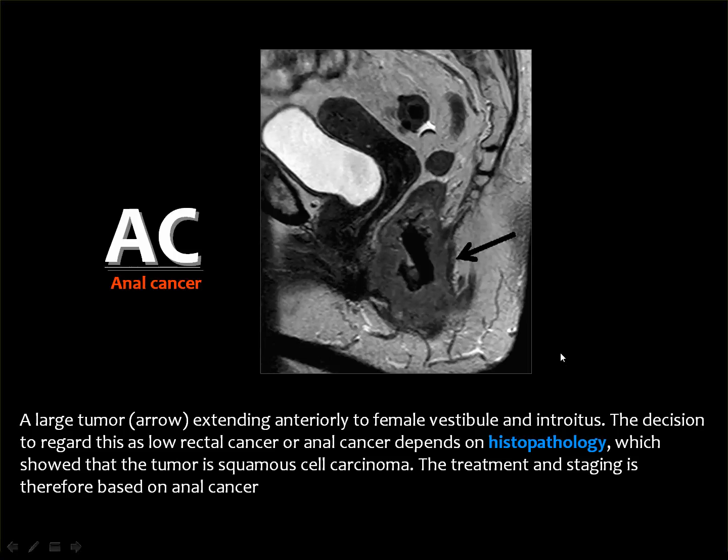And according to the literature, this will depend on the histopathology. If the tumor is a squamous cell, it is considered of anal origin. If the tumor is adenocarcinoma, it will be considered as of rectal origin.